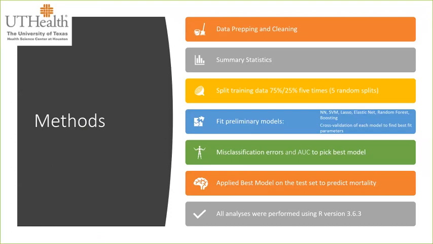We did that with our entire training set so that we could compare the different methods. Since we don't have the outcome for the test data set that we were provided, this way we could have a test AUC and a test error rate to do our own cross-validation.